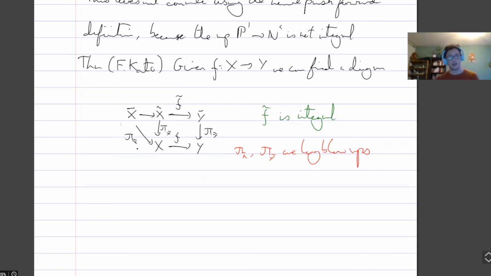I pull it back along the Gysin map for this pi X bar. I push it forwards. I should have said that this is also a pi X hat. Sorry, I slightly rushed the end of this. This map, this map, this map are all log blowups. So I push along a proper map, I push along a proper map, and actually, in fact, I shouldn't push all the way down to Y. I should just be content to live on Y tilde.